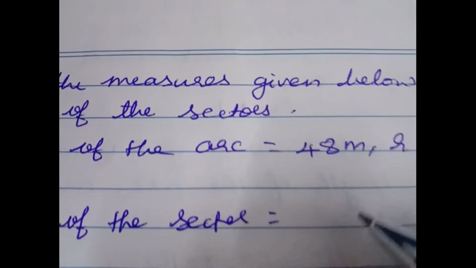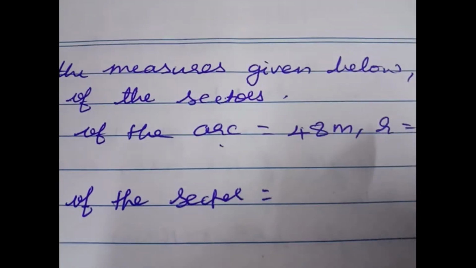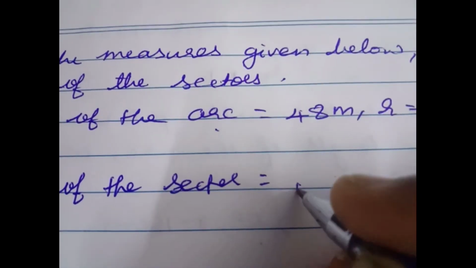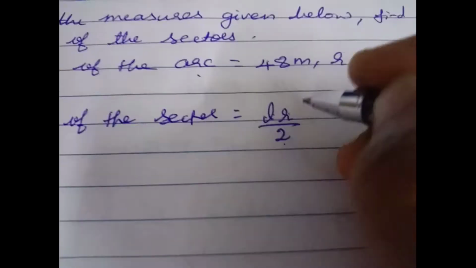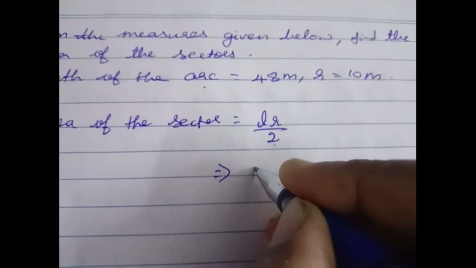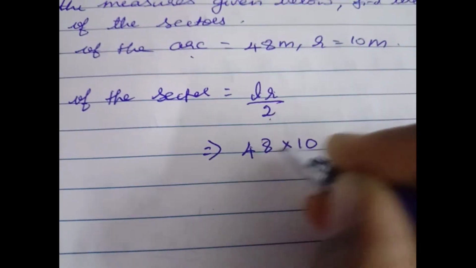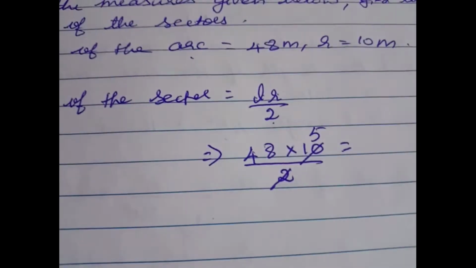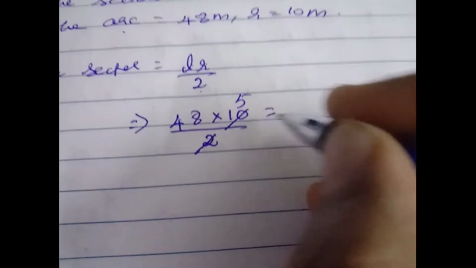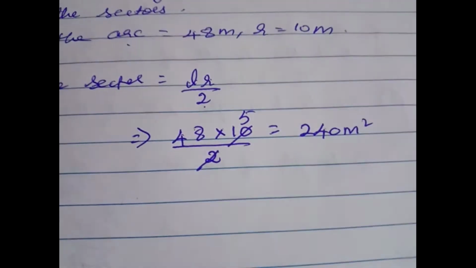Area of the sector, as given L value and R value, is L into R by 2, which is equal to L equal to 48 into R equal to 10 divided by 2. 2 5s are 10. Then 48 into 5 is 240 meter square.